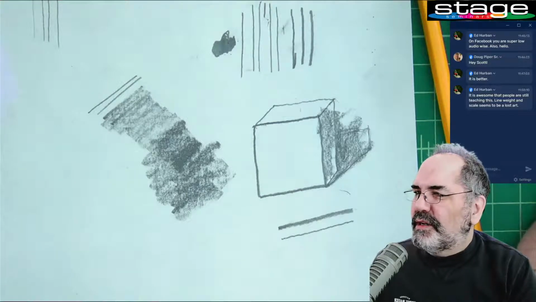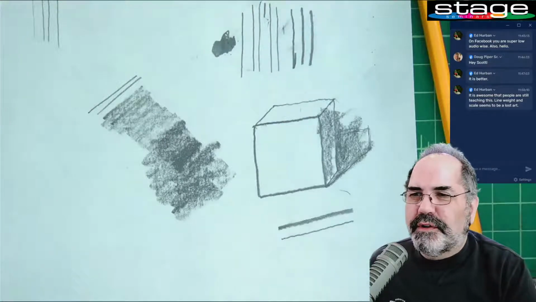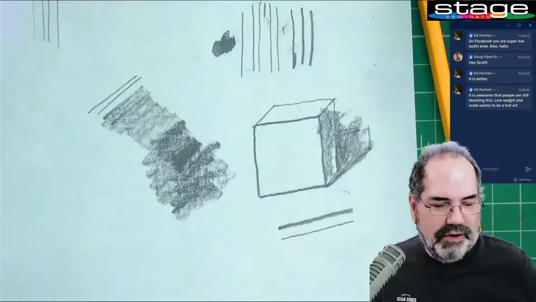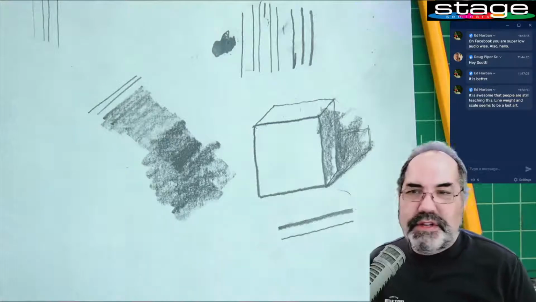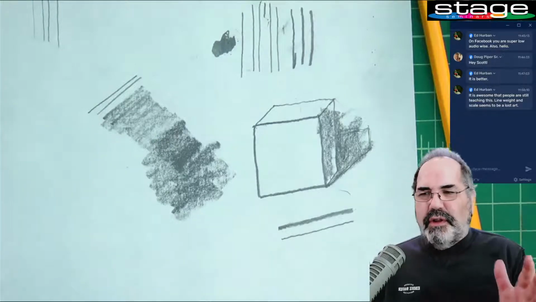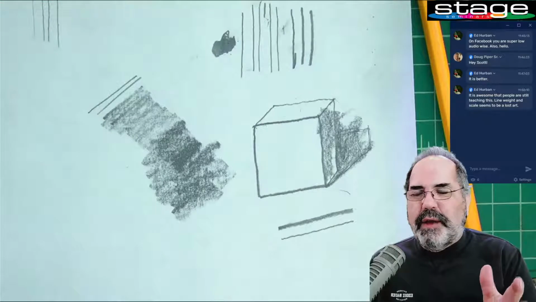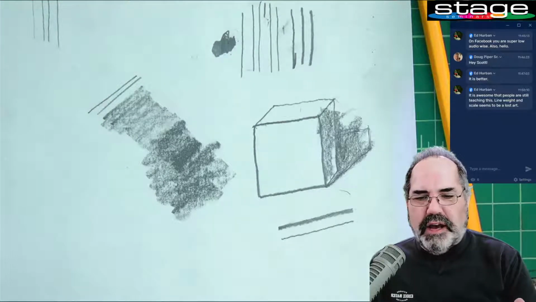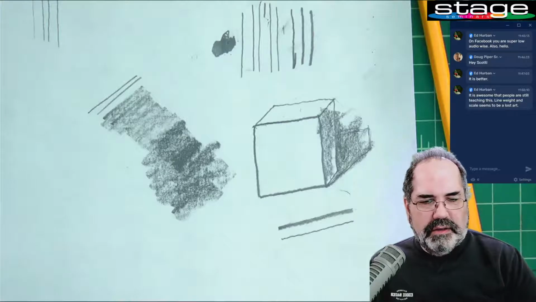All right, let's see. I'm just catching up on chats. Yes, Ed, I agree. Line weight and scale are a lost art, and one of the reasons is because of CAD. We do all this stuff on a computer screen, and we no longer have a relationship of size and scale when we're talking about the printed sheet.